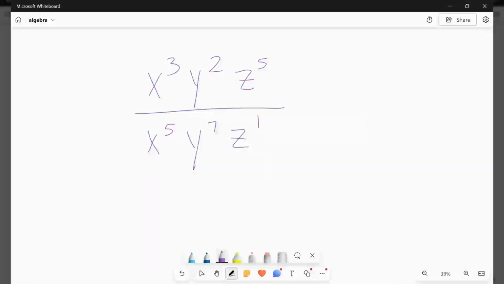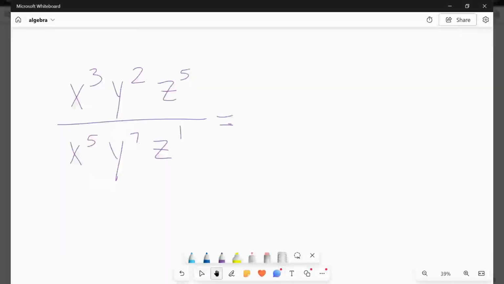Okay, so just like we did with multiplying exponents, we have to have the same base. So we're only going to subtract x and x, y and y, and then z and z, right? We cannot combine these powers unless they have the same base. Okay, so that being said, what do we have so far?